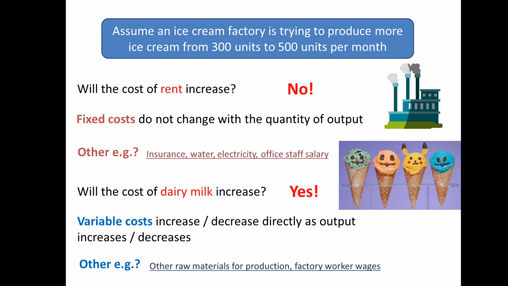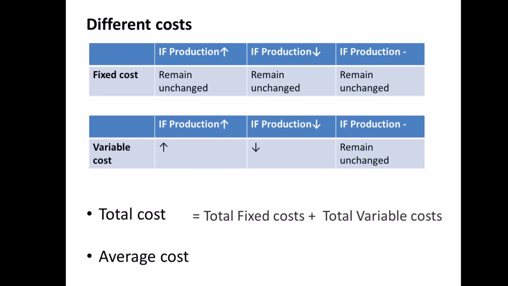If you talk about the total cost, basically we add up all the fixed costs and all the total variable costs together, and that's what we call the total cost. It is the sum of every cost that we have in our shop, in our factory.